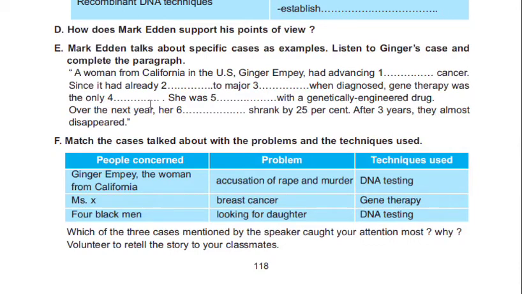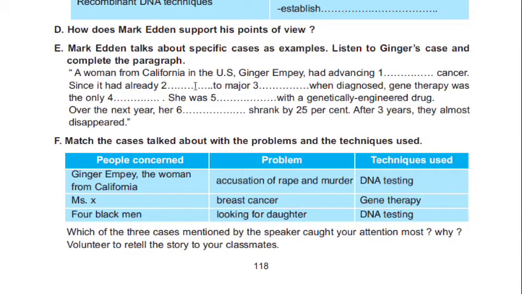The noun from choose, that is CHOICE. She was injected, INJECTED, with a genetically engineered drug. Over the next year, her tumor, TUMOR, shrank. That is the opposite of spread.